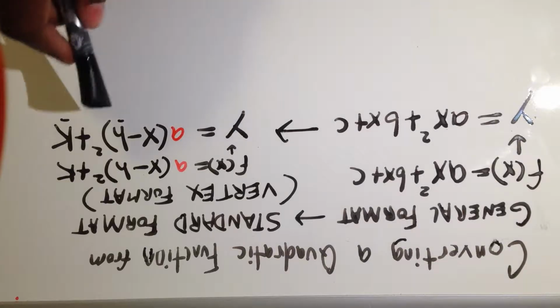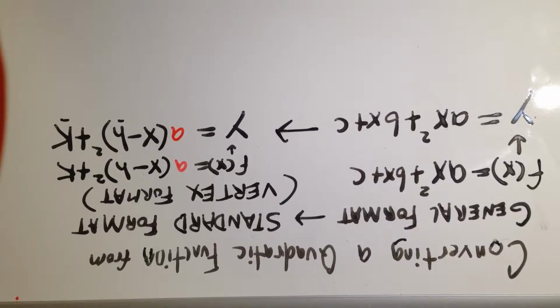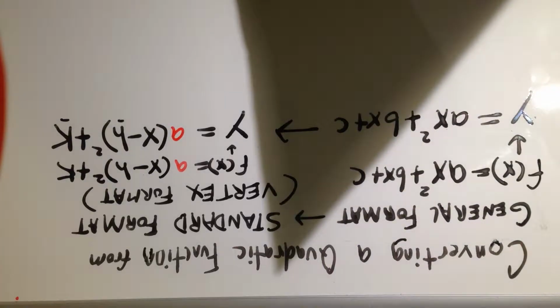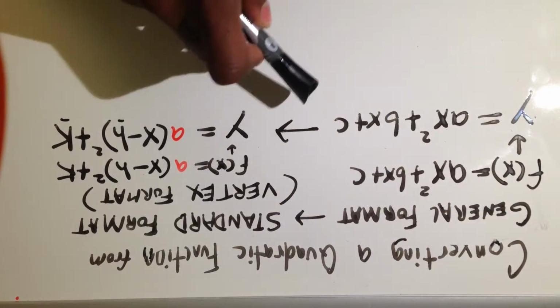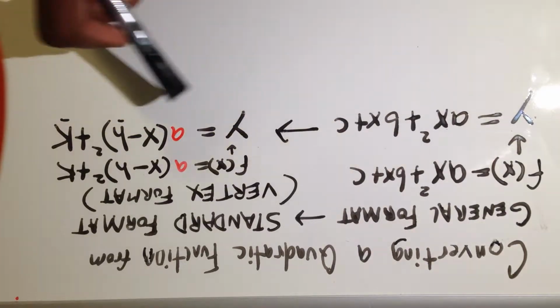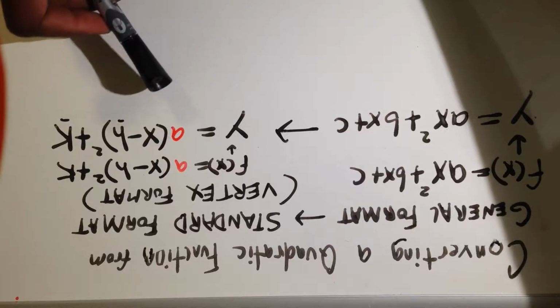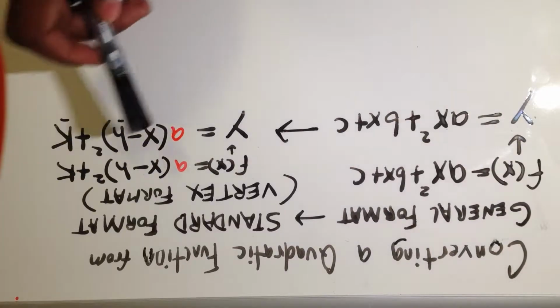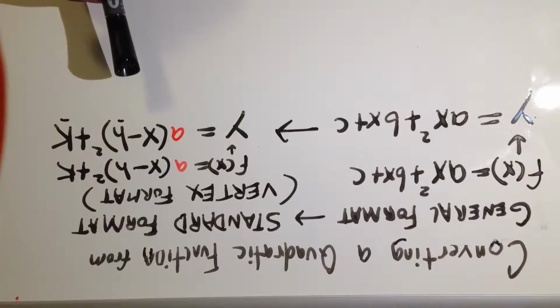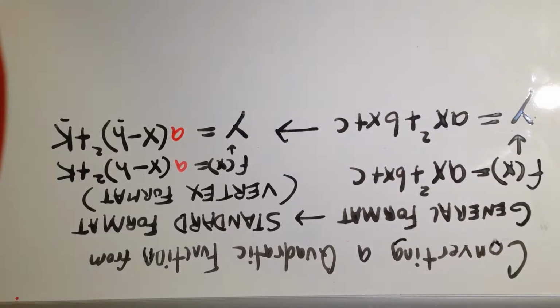In order to graph it, you need the vertex, h and k, right? You may also be asked for the axis of symmetry, where the relative, local or global maximum or minimum is, or whether the function is increasing or decreasing. The vertex form is just the easiest way to find the answers to those questions, and that's why we do it this way.